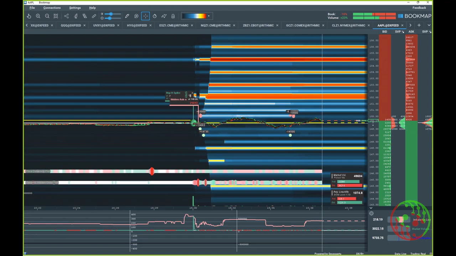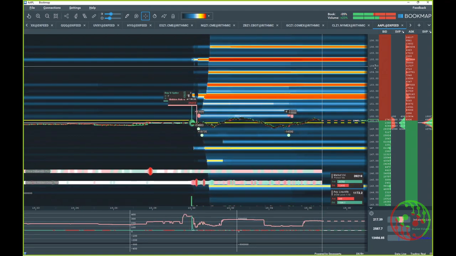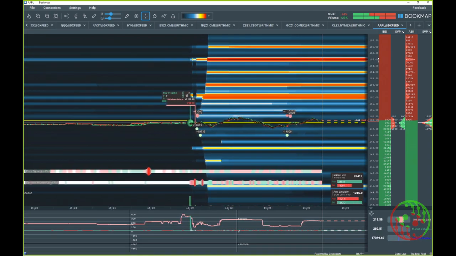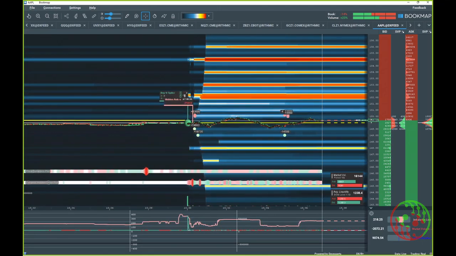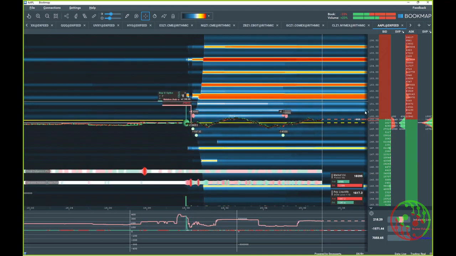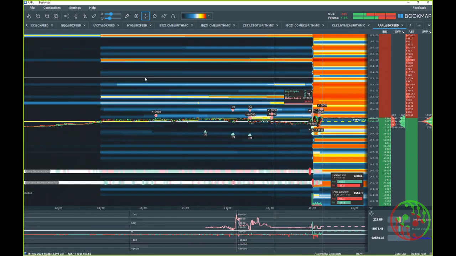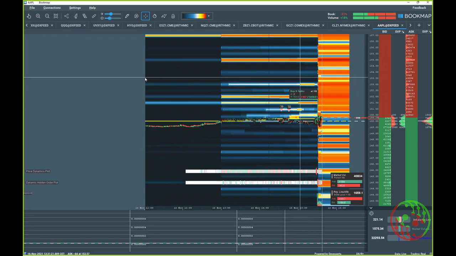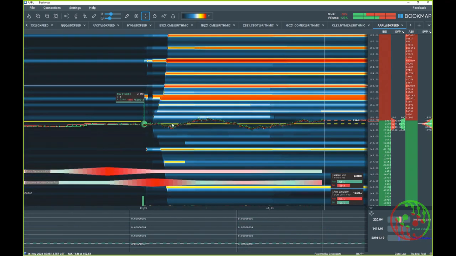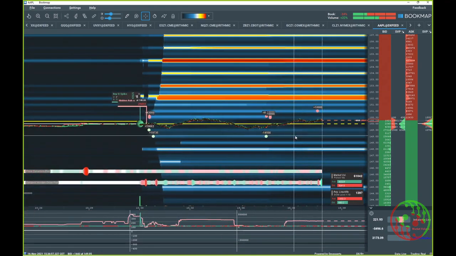Sorry, Apple? 152. Yeah, so the top liquidity. 180, 150, 155, you think? No, it's 152. Okay, got it. I think 155 as there's a POC. Yeah, that POC is here, but if the price goes up, there will be a new POC. But the first impression is, guys, we have to watch for long.